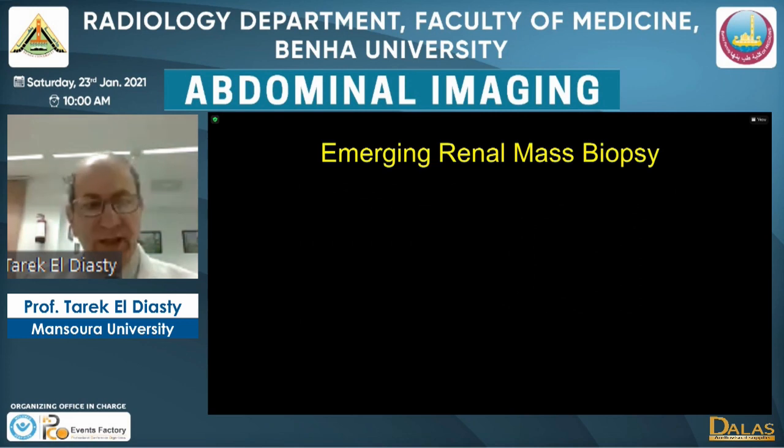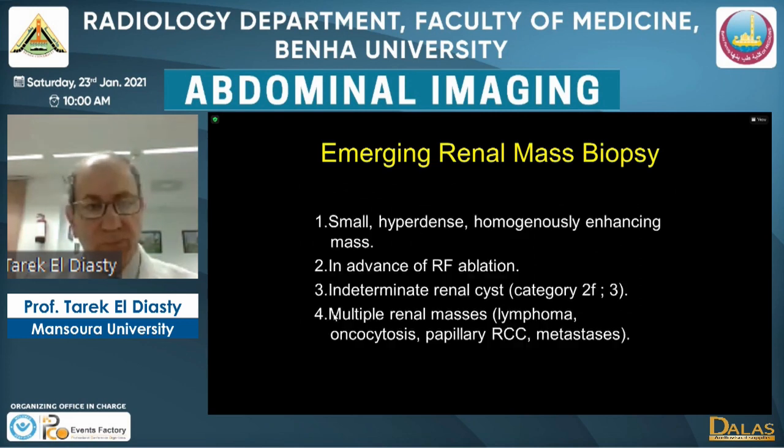The emerging indications are, for multiple renal masses, to differentiate lymphoma, oncocytosis, papillary renal cell carcinoma, and metastasis. And the other emerging indication is for Bosniak calcification, to take the biopsy from the soft tissue or the septa to differentiate category 2F from category 3 Bosniak lesions.